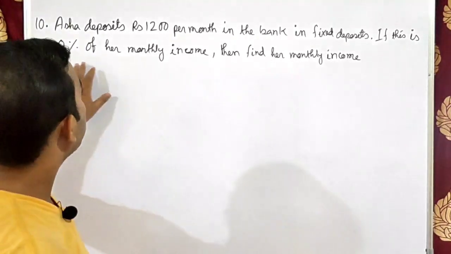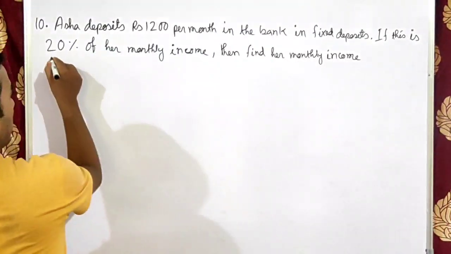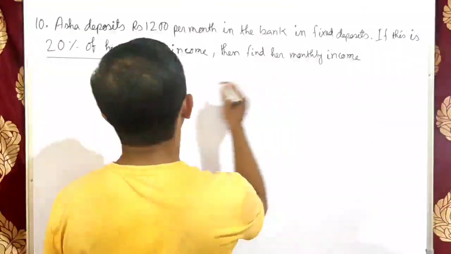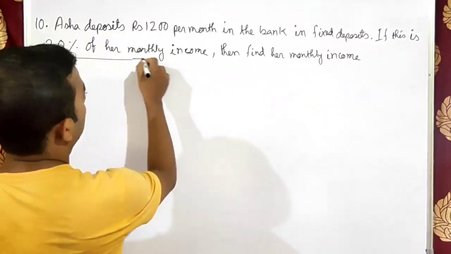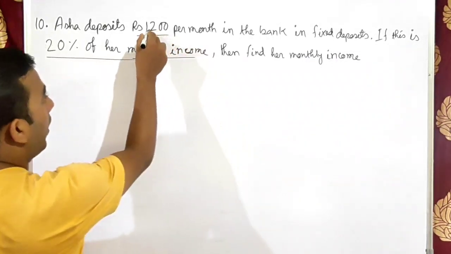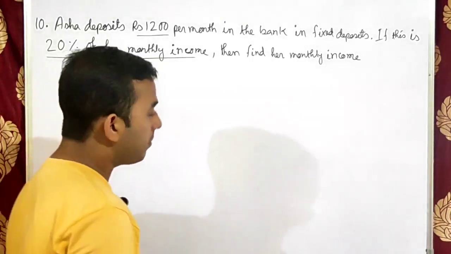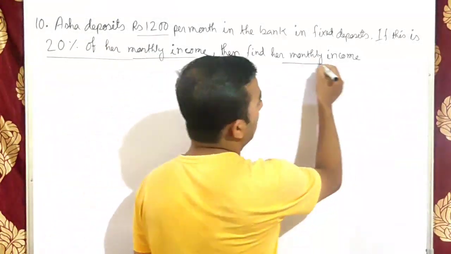Now if this is 20% of her monthly income, this is the main information of the question. If 1200 is 20% of her monthly income, then we have to find her monthly income.